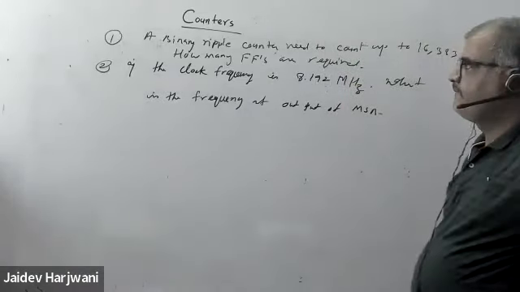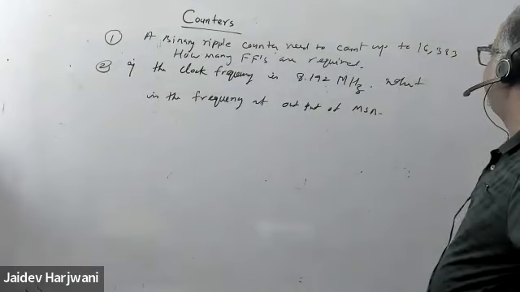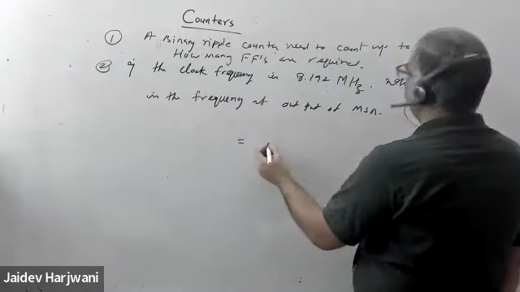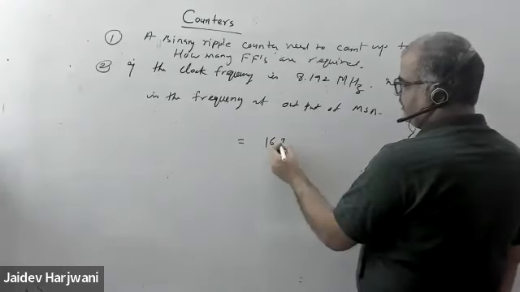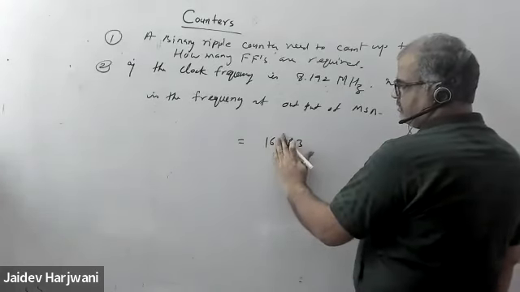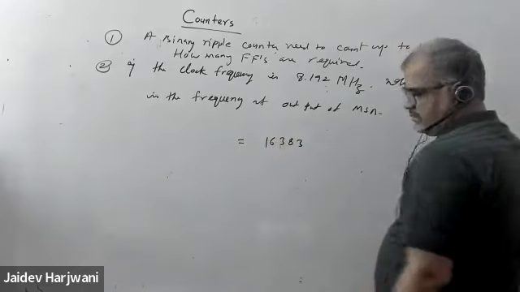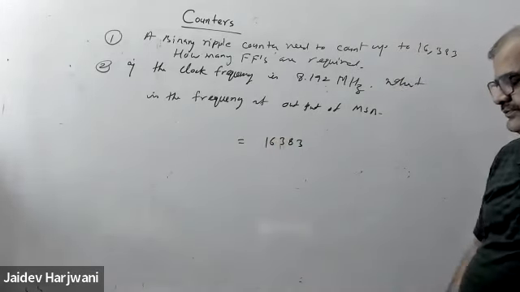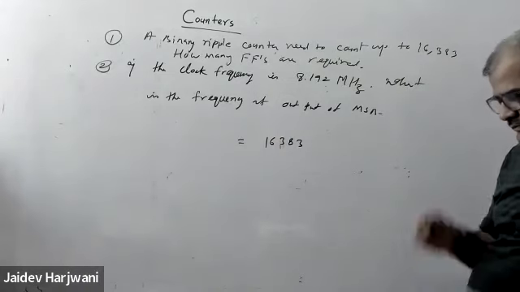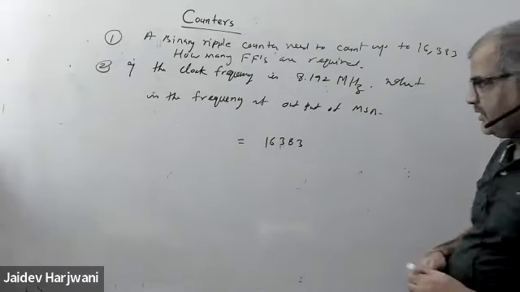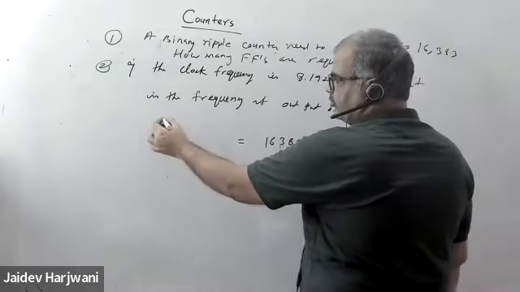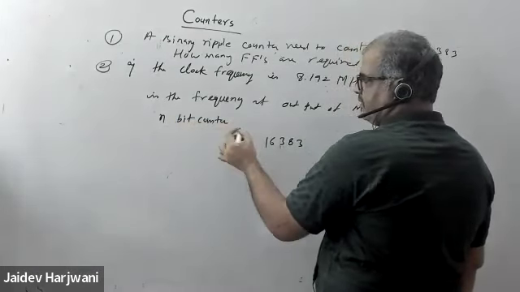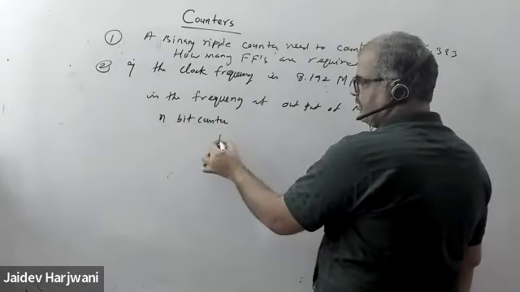It is 16383. So it is counting up to 16383. So tell me, how many bit counter, how many flip-flops are required? So an n bit counter can count up to how much? Maximum count, what is it?